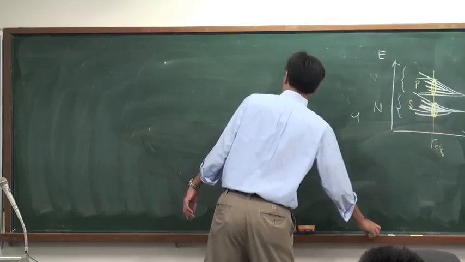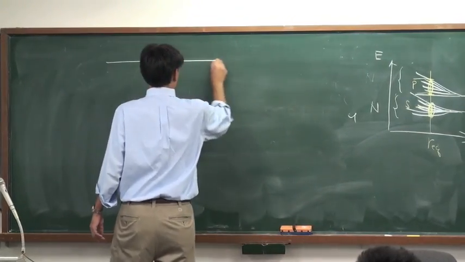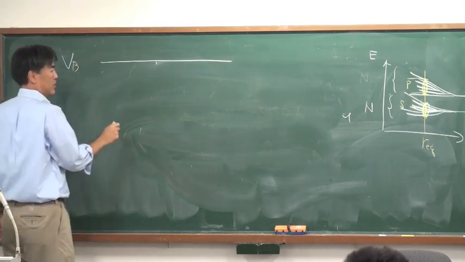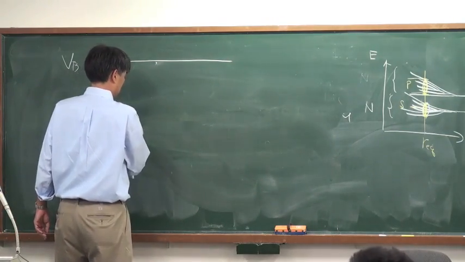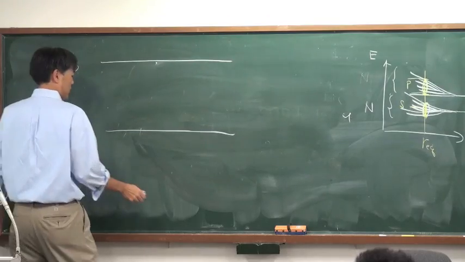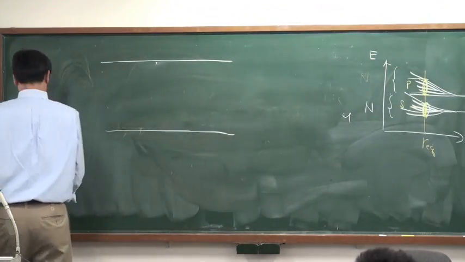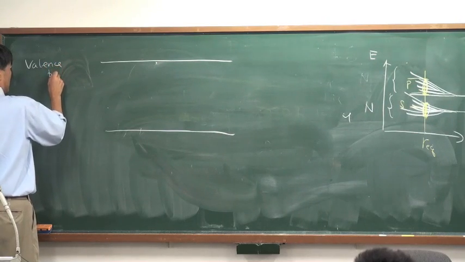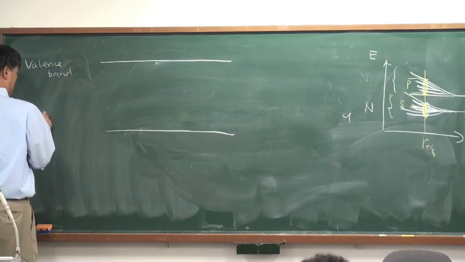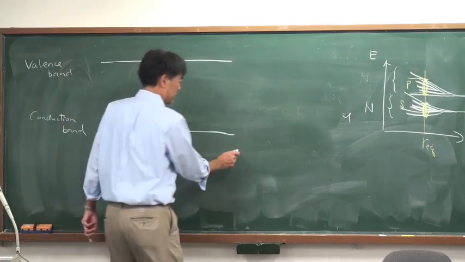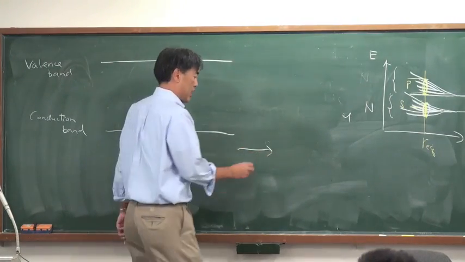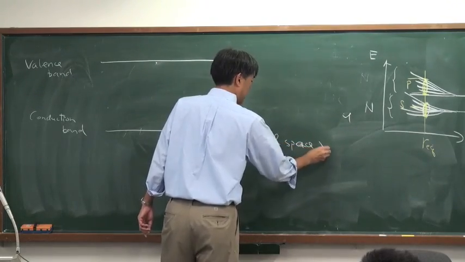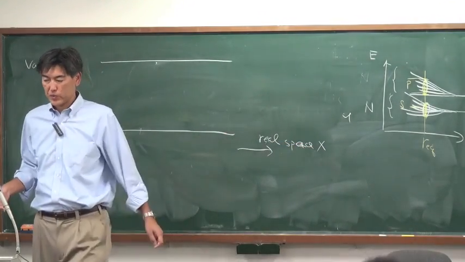So that is just one horizontal line called valence band, and the other horizontal line called conduction band. And the horizontal axis is actually real space. X, Y, Z, whatever you want to call it.